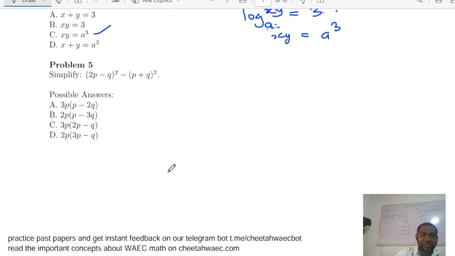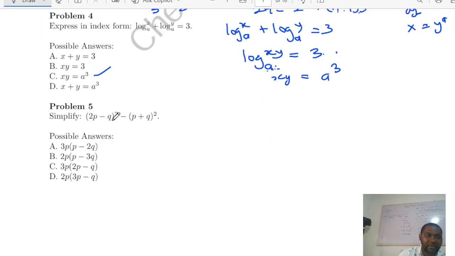Now for the fifth one, we have simplify (2p minus q) squared minus (p plus q) squared. Now there are two ways you can do this. You can open this bracket, then subtract, and that will be fine. But I prefer using difference of two squares.